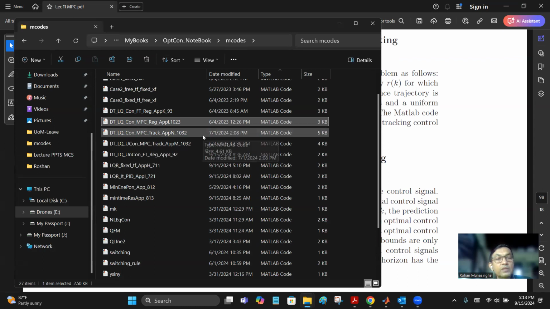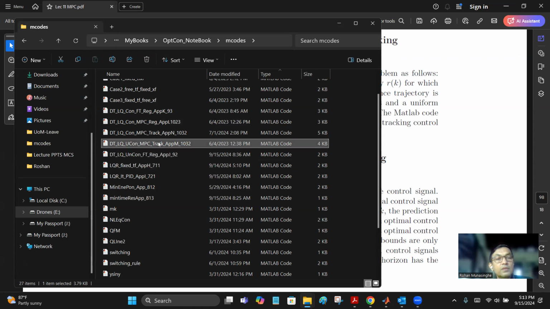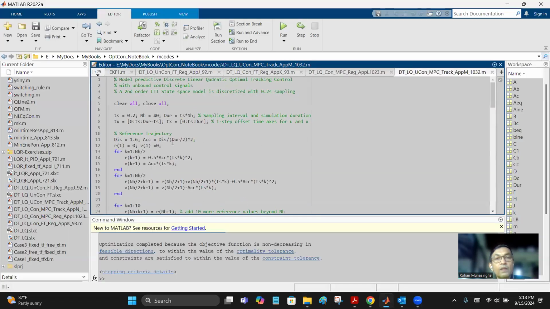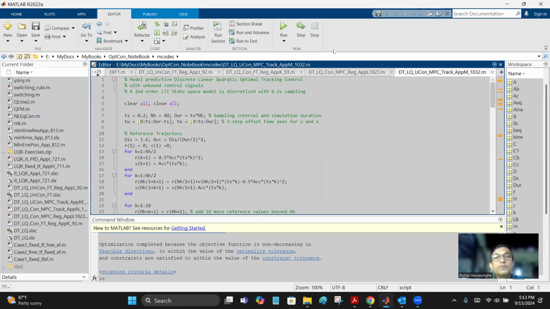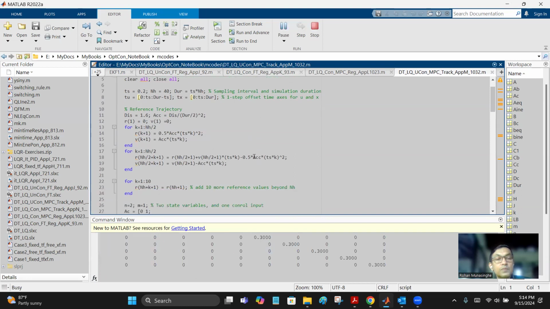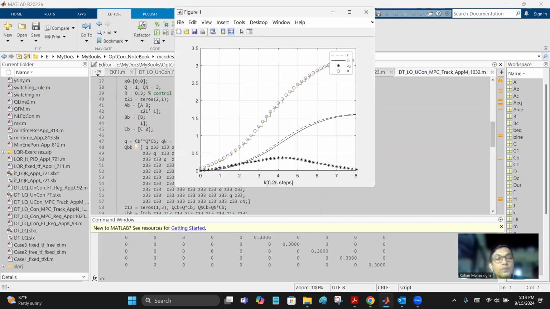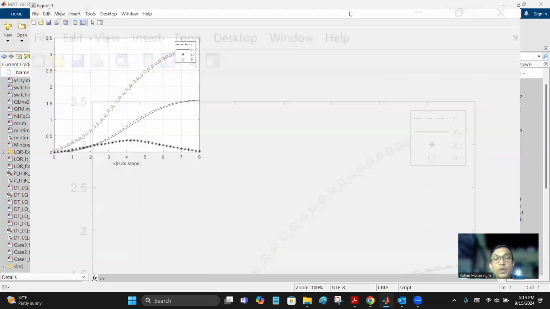Appendix M, where is that? This one. There you are.